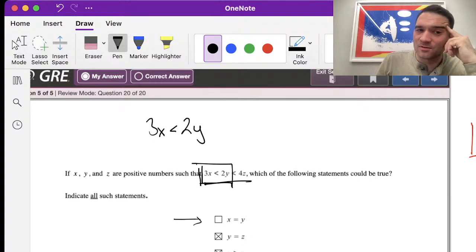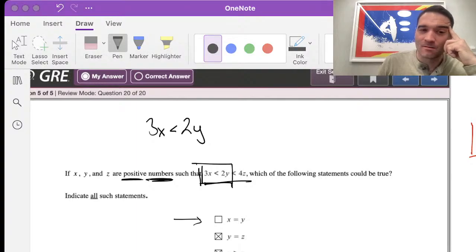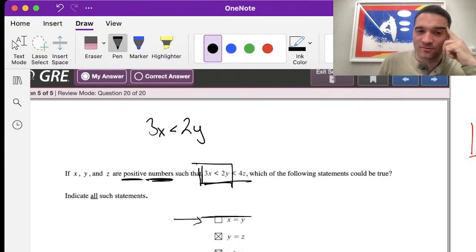Is it possible for 3 times something to be less than 2 times the same thing? If they're negative, yes, but they're not negative. They have to be positive, meaning that this one cannot be true.